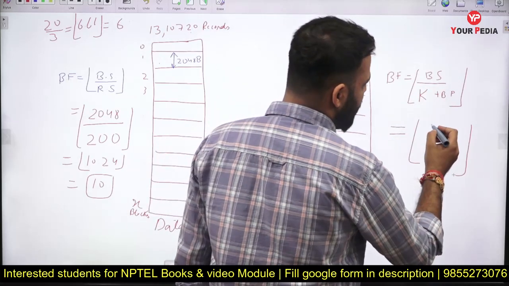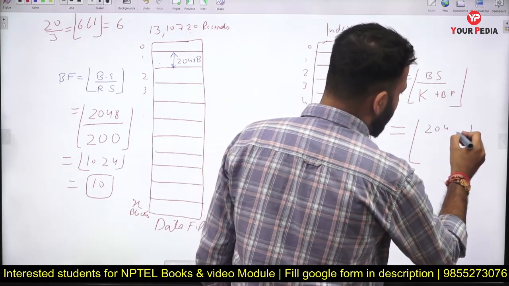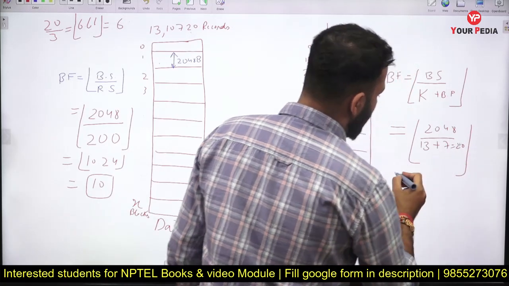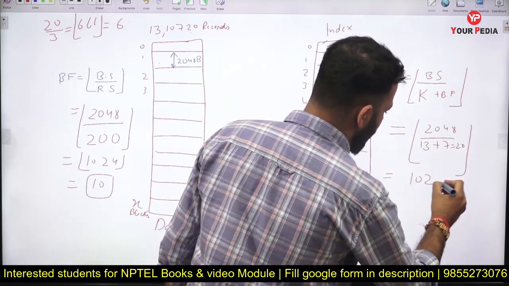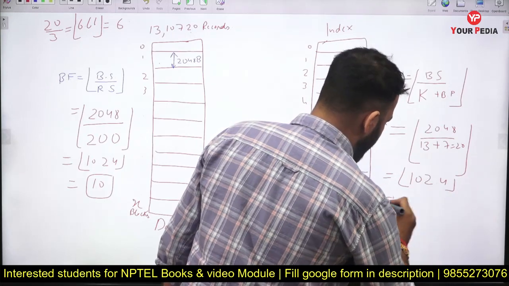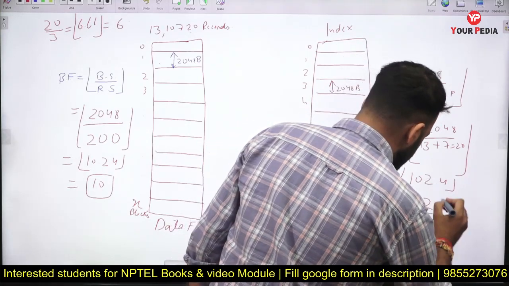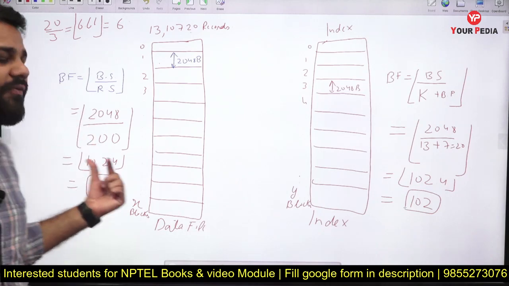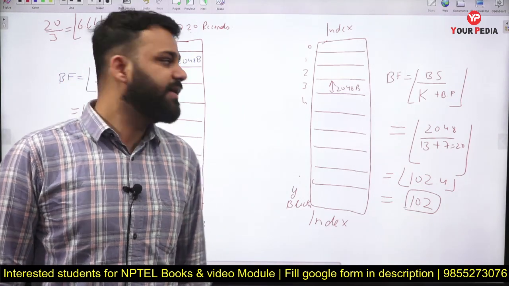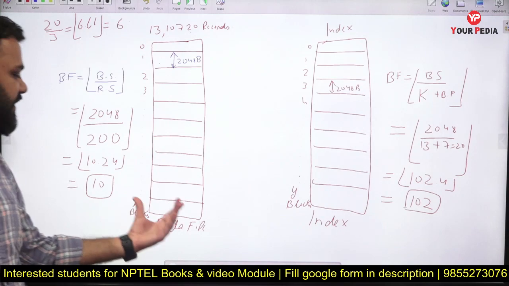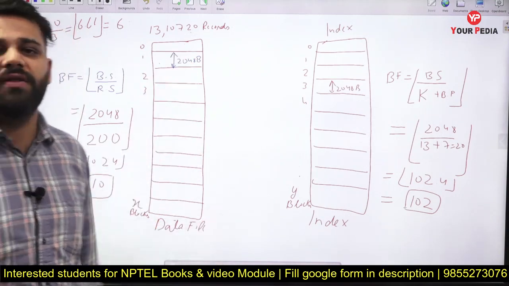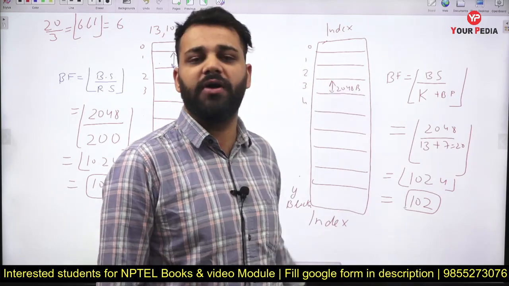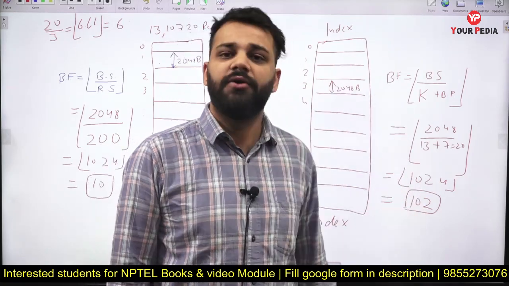So the block size is 2048, key field is 13 plus 7, which will equal 20. So this will come out to be 102.4, and the floor value will give us answer 102. So the block factor for index file is 102 and the block factor for the data file is 10. Now what this means is, in this data file, in each block there will be 10 records, and in this index file in each block there will be 102 records.